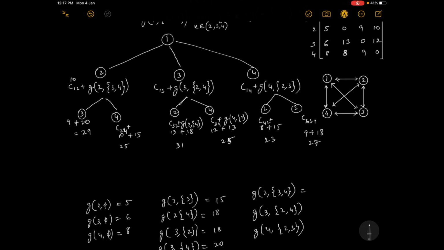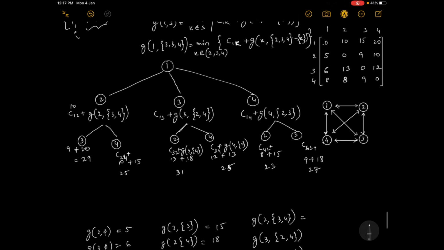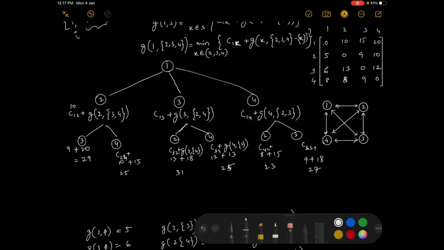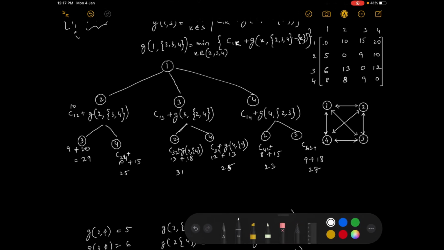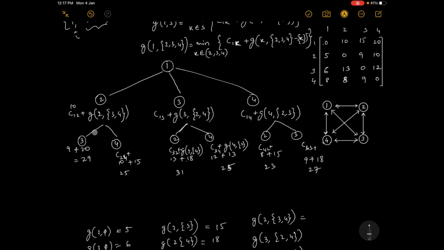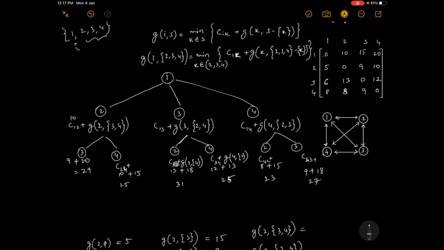And this is 27, correct? Now what is this? This is the minimum of these two, correct? Because G is the minimum of cost. So which is minimum? 25. So it is 10 plus 25.